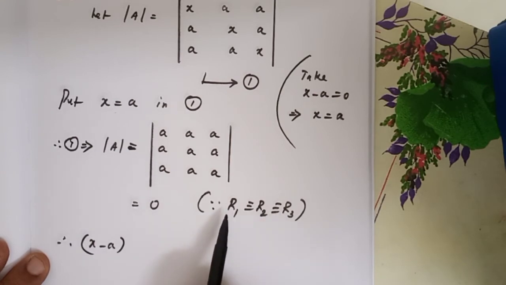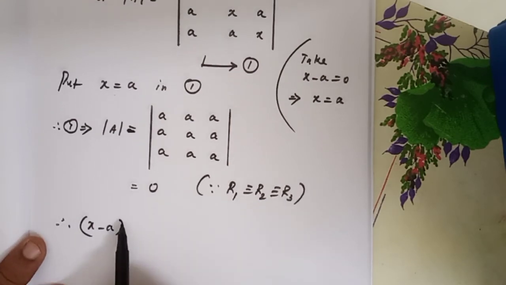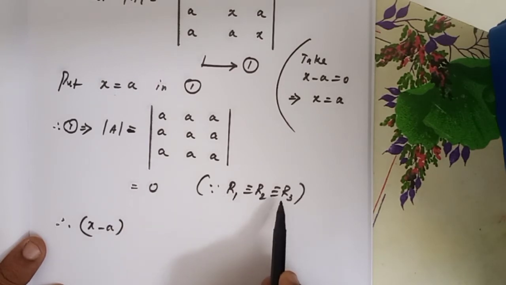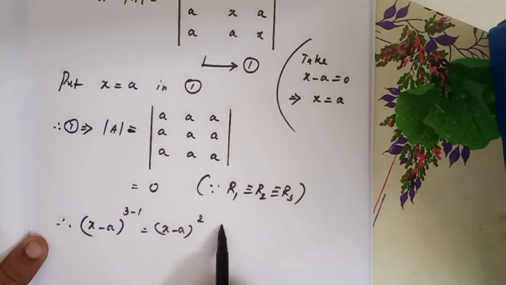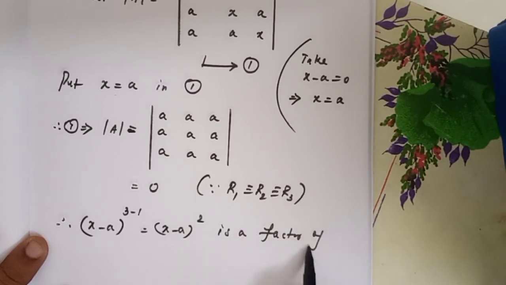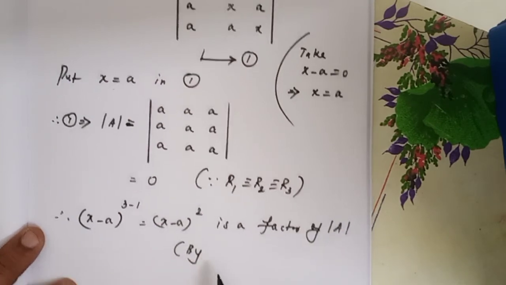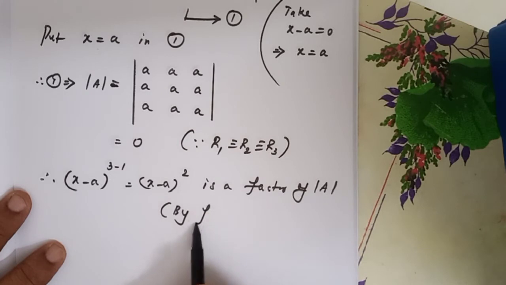If all rows are identical, according to the factor theorem, power r minus 1 is a factor. Here, how many rows are identical? 3. So 3 minus 1, that is, x minus a whole square is a factor of determinant of A by the factor theorem.